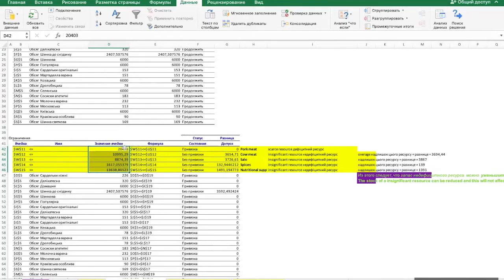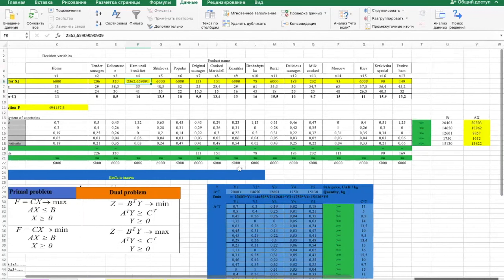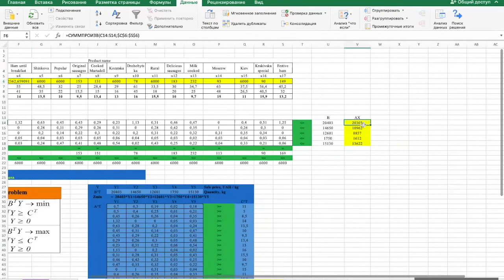All these yellow values we can define in this column where we multiply each Aij by the optimal quantity of each product.